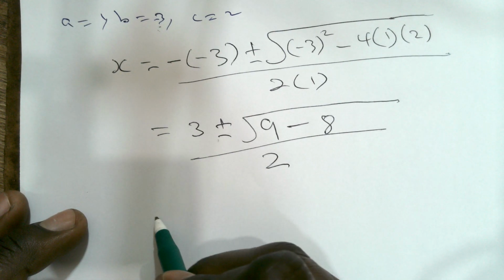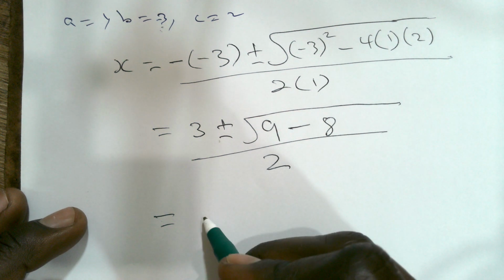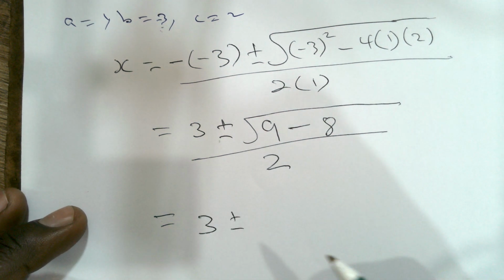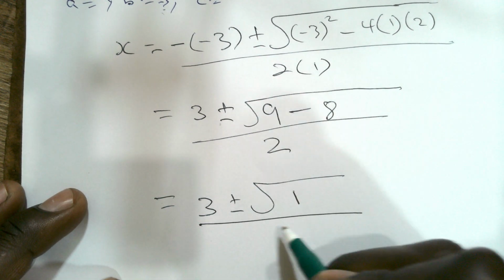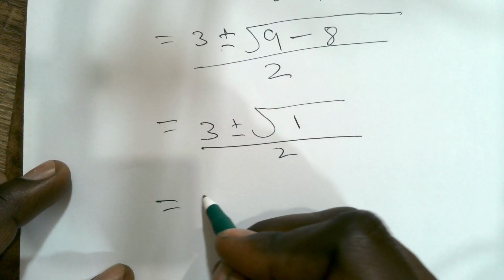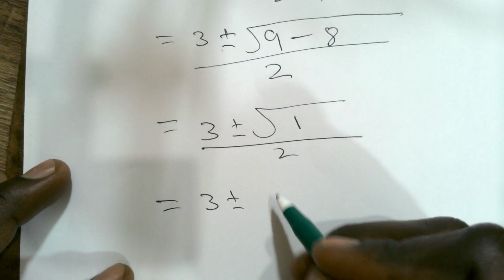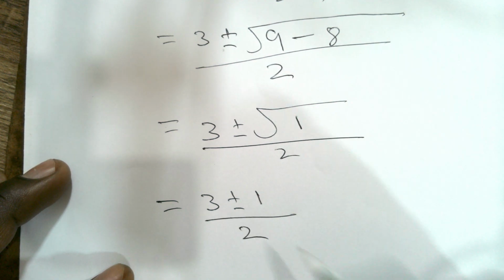And we go further. I'm taking this in long steps just to make sure that you understand. 3 plus or minus the square root of 1 over 2, which equals 3 plus or minus 1 over 2.